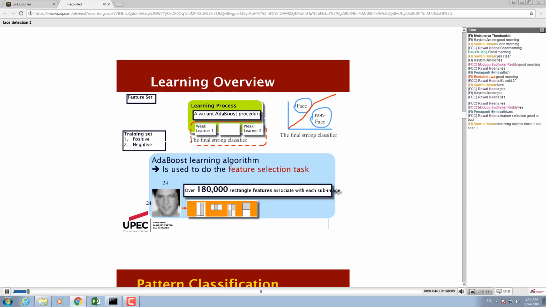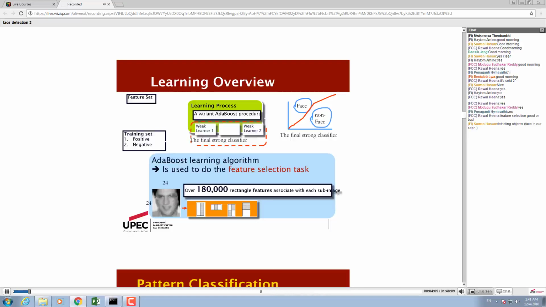So it is practically impossible to use all of them, and it is not desirable to use all of them. So we have to select some good features among these 180,000. That is the purpose of this learning algorithm.